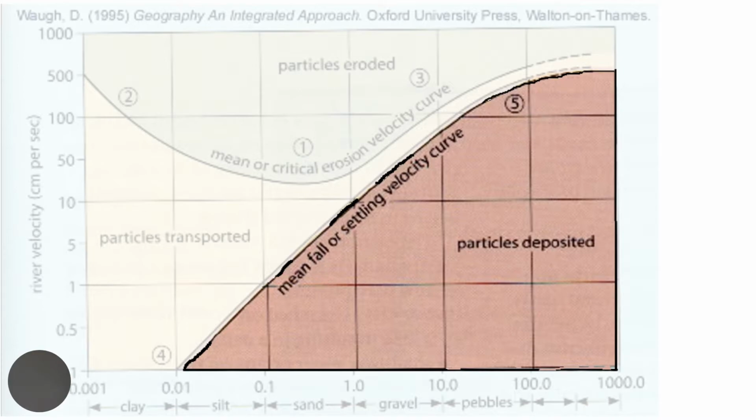So clays can go all the way out to the sea, and this is why clays are important when it comes to the formation of deltas. The maximum velocity it takes for boulders to travel before being dropped is much higher than sands and gravel. So larger materials will be deposited before smaller materials as velocity is reduced.